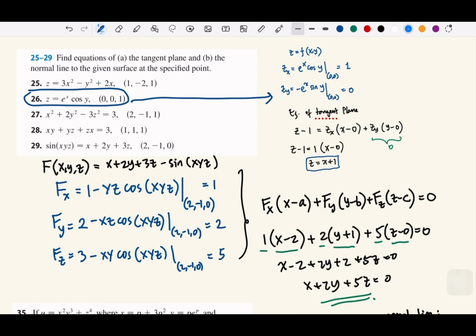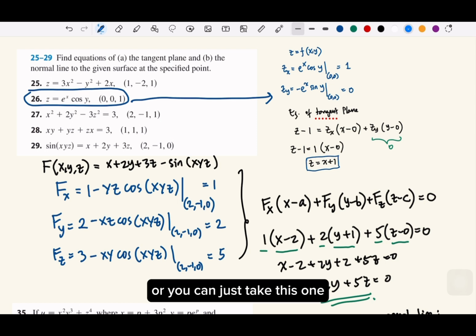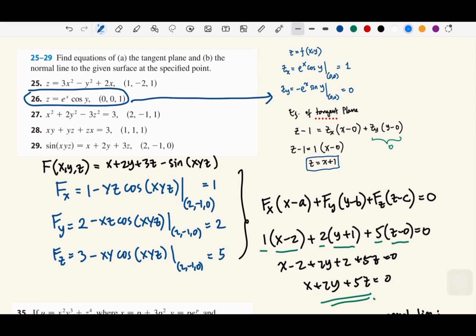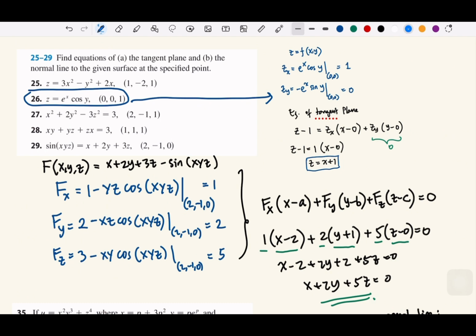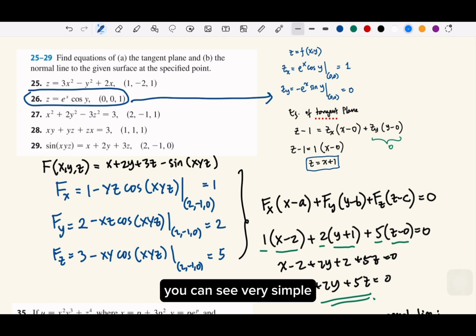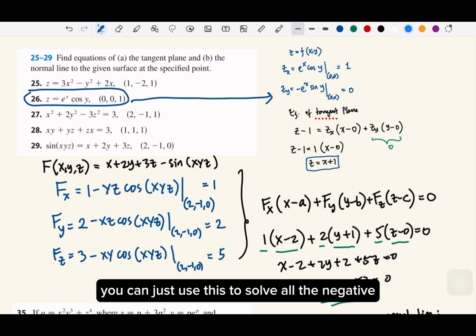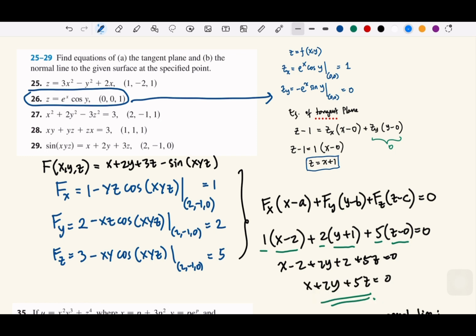Or you can just think of this one, because the partial of z for this one is 1, so it is z directly, right? Same. So you can just use this. Very simple. There are a lot of steps, but finally you can just use this to solve all the tangent problems. I hope you understand.